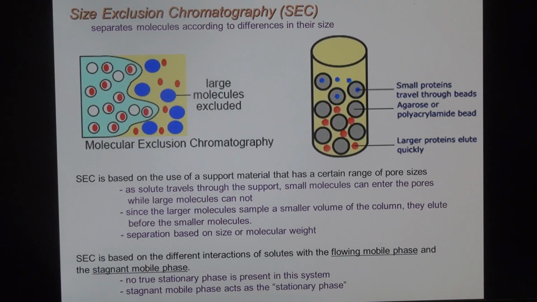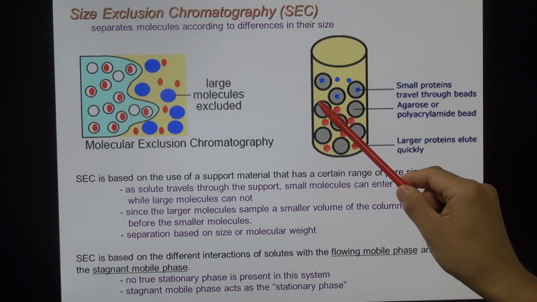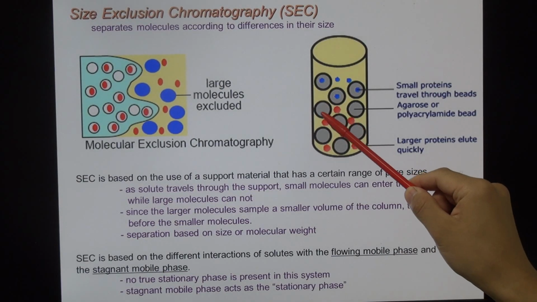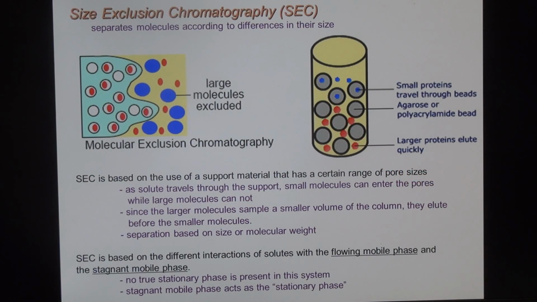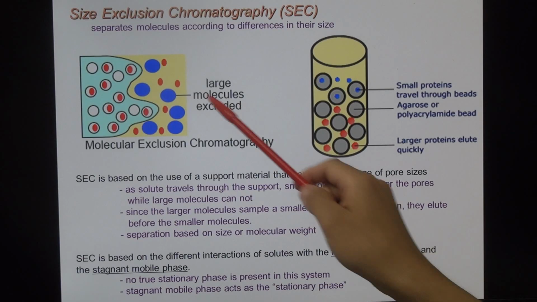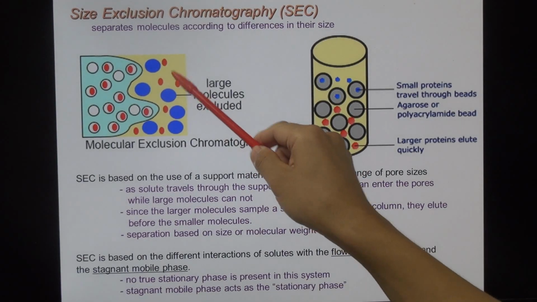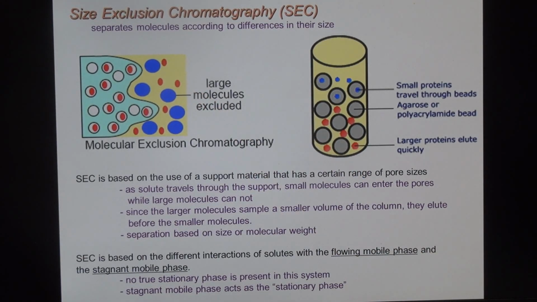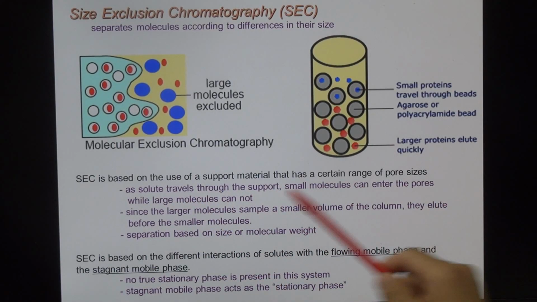The last kind is called size exclusion chromatography. For SEC, we use packing material with a certain size of holes. If there are mixtures of large and small molecules, as the solute travels through the support, small molecules can enter the pores while large molecules cannot.